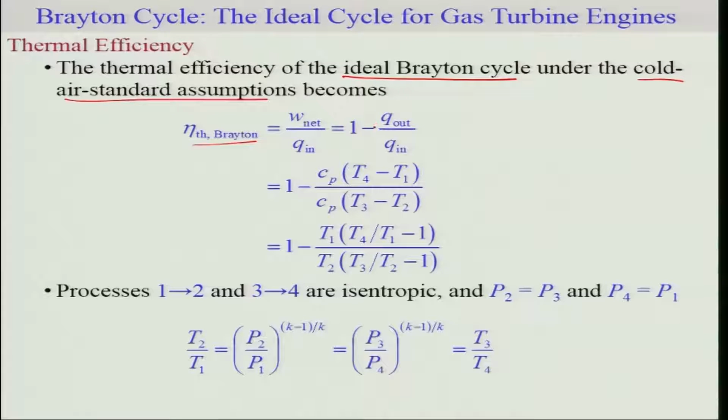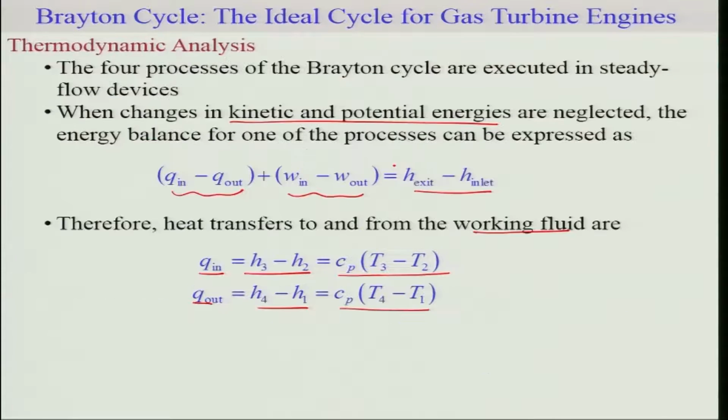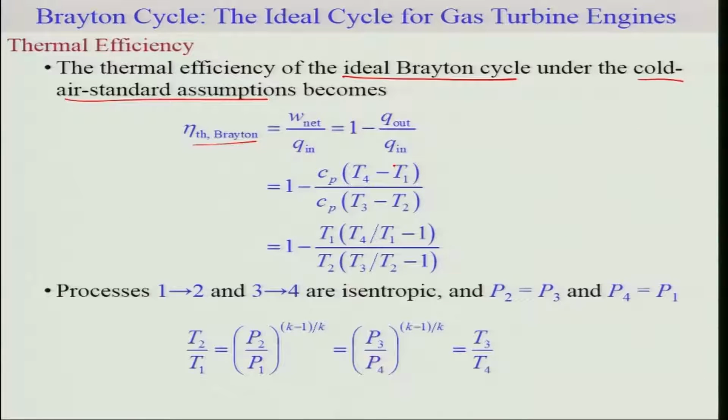You can rewrite W net as Q in minus Q out, where Q out is H4 minus H1 and Q in is H3 minus H2. You can replace this in terms of Cp delta T, and Cp will get cancelled as we have considered it constant, and thus you can write your Brayton efficiency in this form.